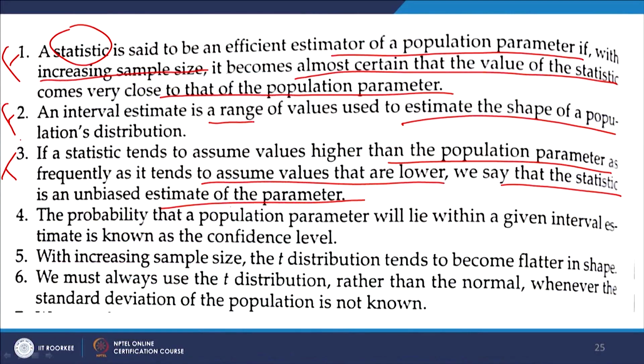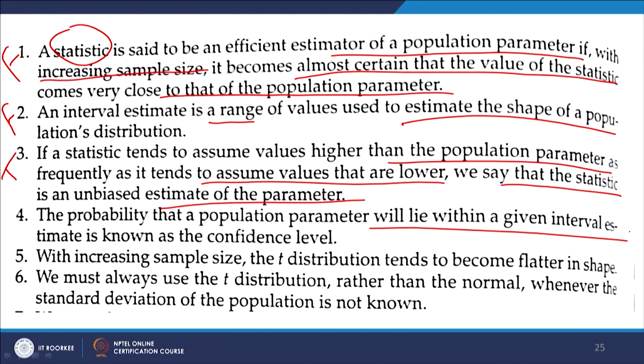Let us look at the next one. The probability that a population parameter will lie within a given interval estimate is known as confidence level. Is it correct or not? Just think for a while. This is true, because confidence level is the probability that the population parameter will lie within the confidence interval.